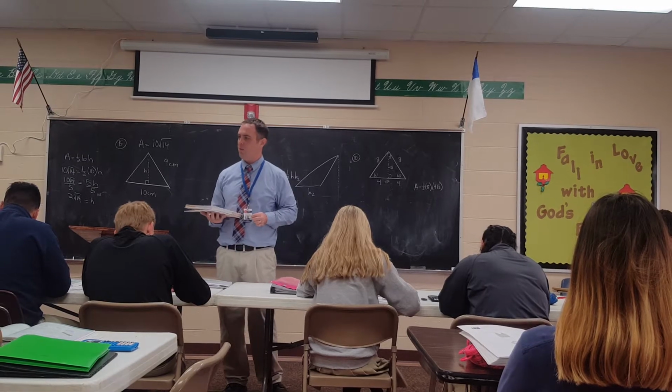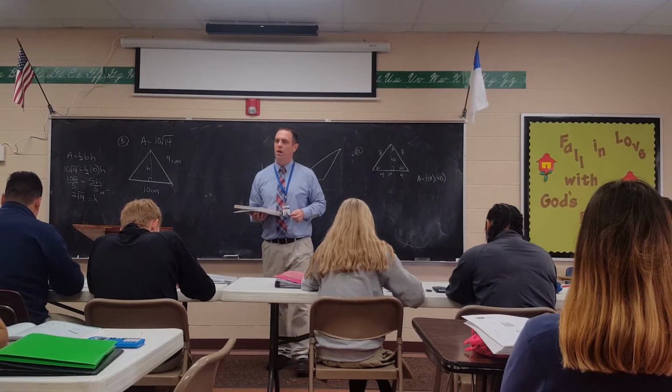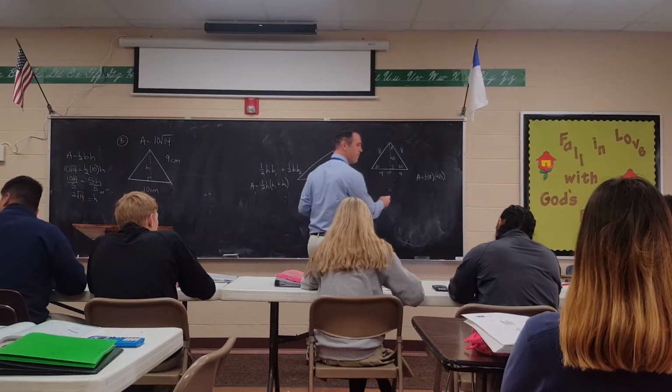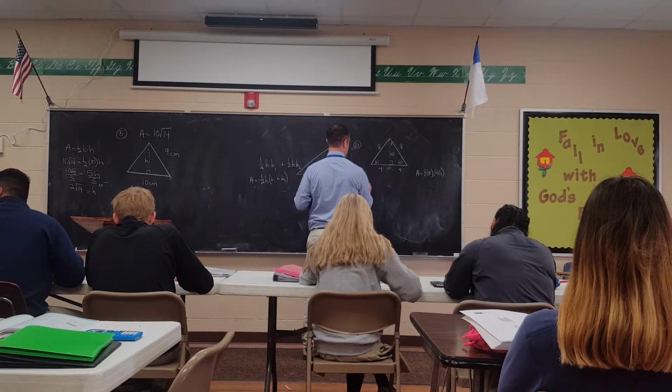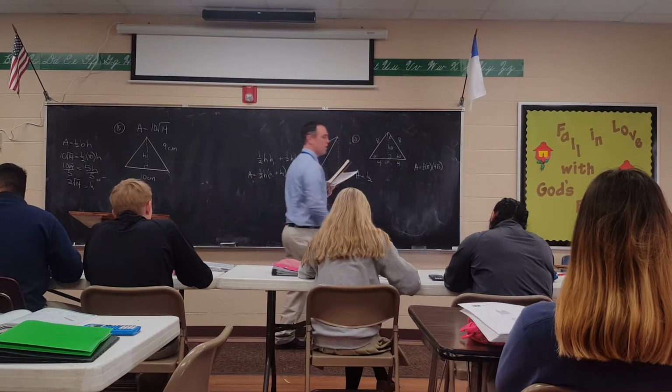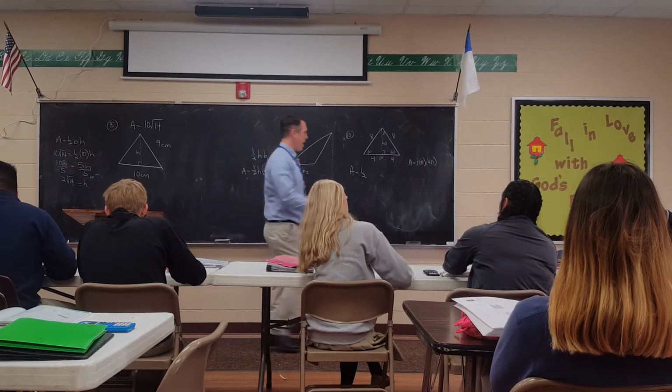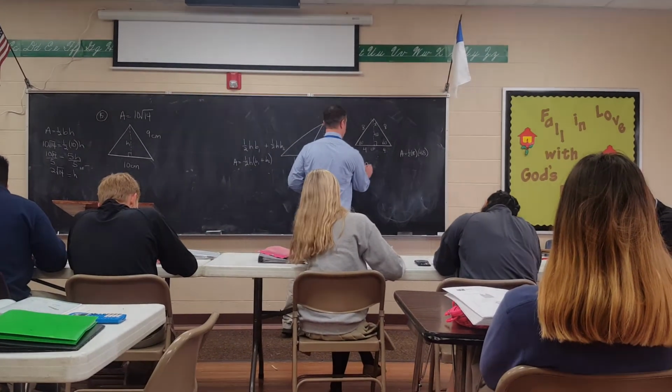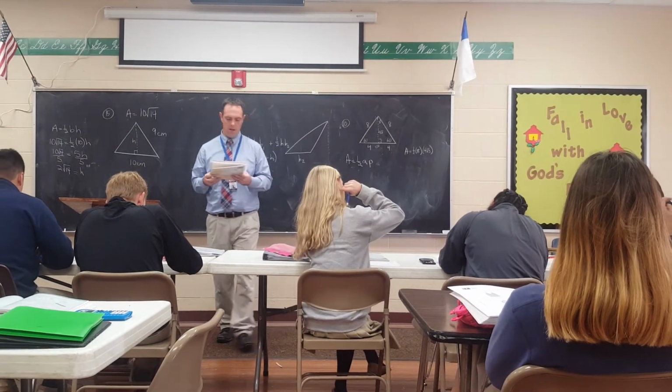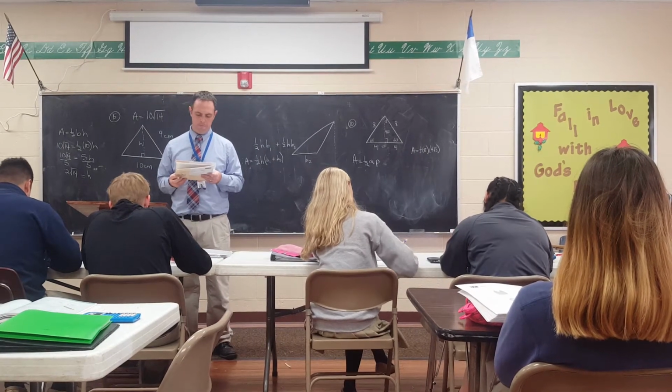It is. It's like a triangle. So it's 1/2 the apothem times p, which stands for the perimeter.